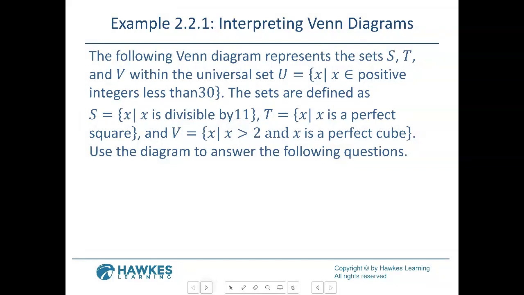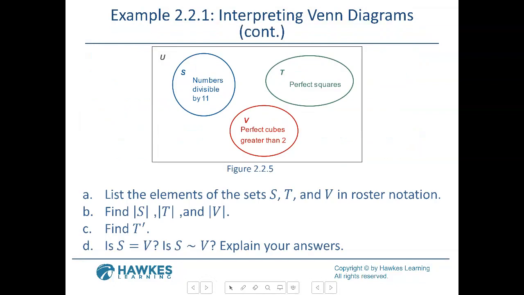So now we're going to use the Venn diagram to answer the following questions. List the elements in the sets S, T, and V. When you look at S, you want numbers that are divisible by 11. That would be 11 and 22 because we're dealing with numbers that are less than 30. So S would be equal to the elements 11 and 22.